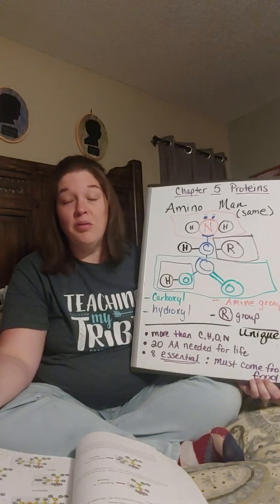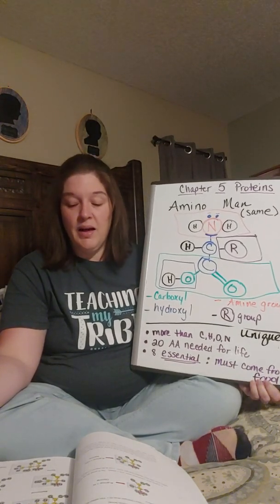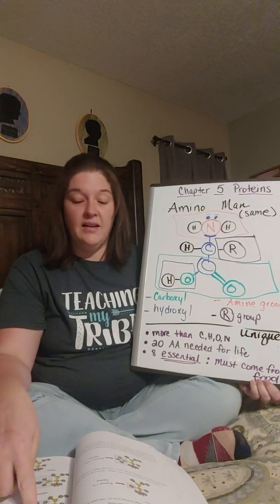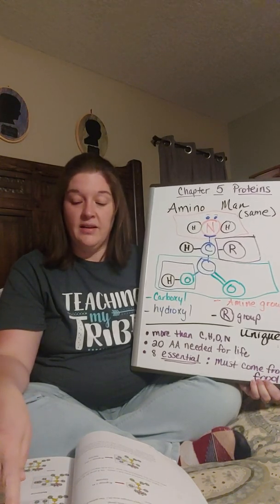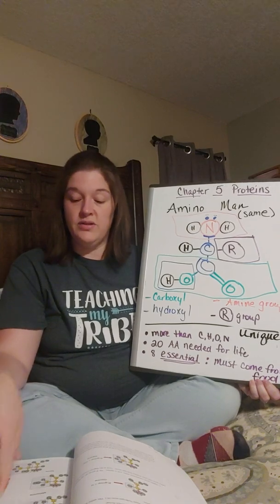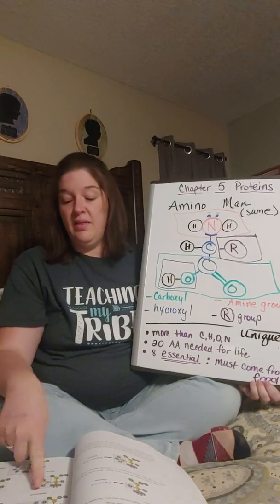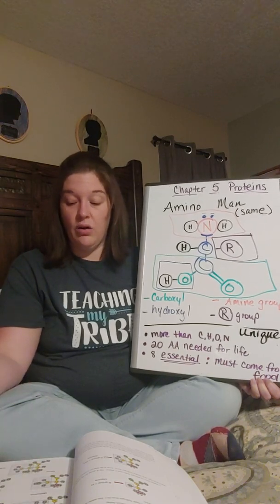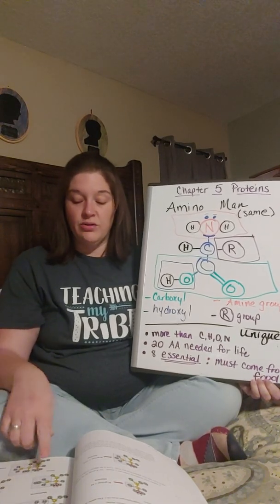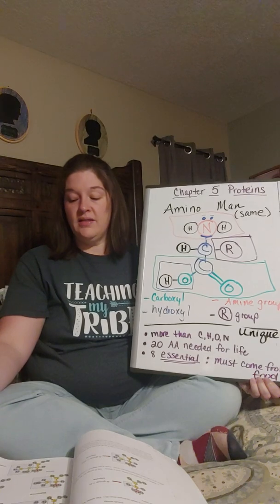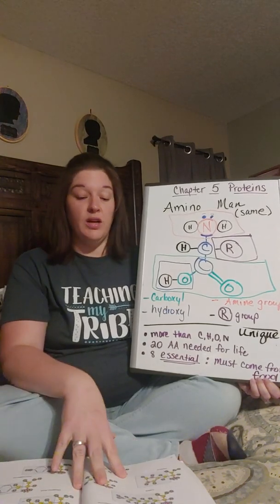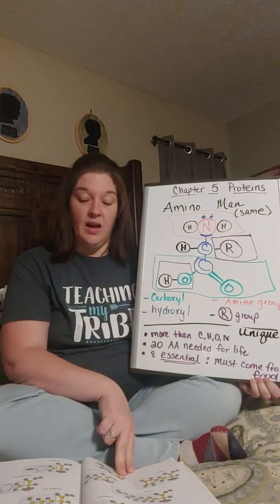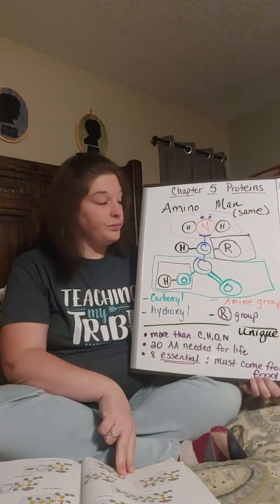So you do not have to memorize all of those, but you could read their names, which is pretty cool, and see that valine and leucine and methionine has in the sulfur, and see how complicated that R group is. Isoleucine, serine, cysteine, threonine, proline, glutamine, and so on and so forth.